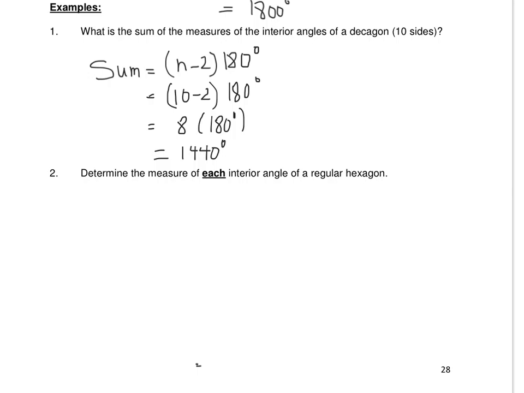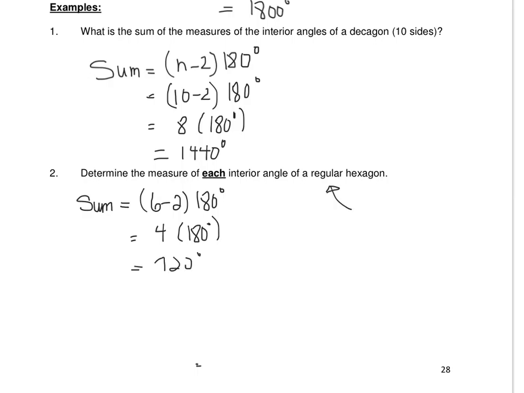Determine the measure of each interior angle of a regular hexagon. The first thing we need to know is what the sum of the interior angles would be. So that would be 6 take away 2 times 180, which is 4 times 180, or 720. And therefore, when you see the word regular in front of a polygon, that means all angles are equal in measure and all sides equal.